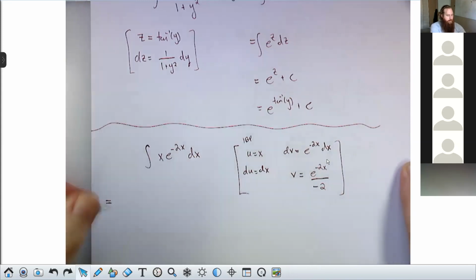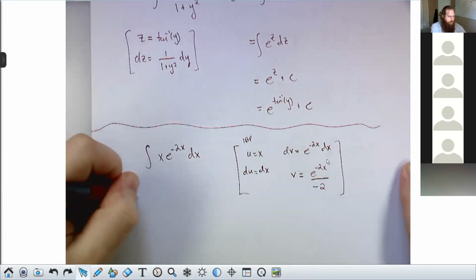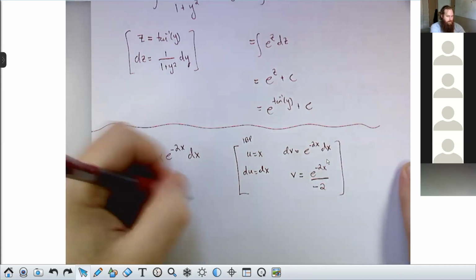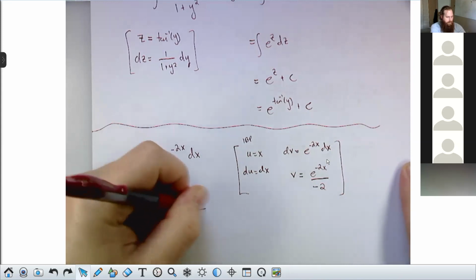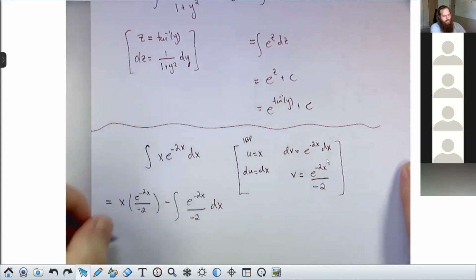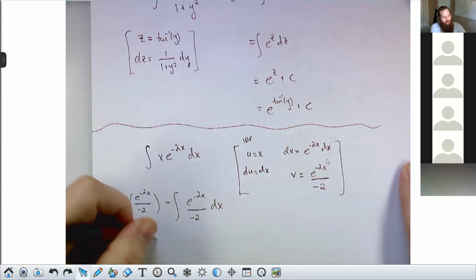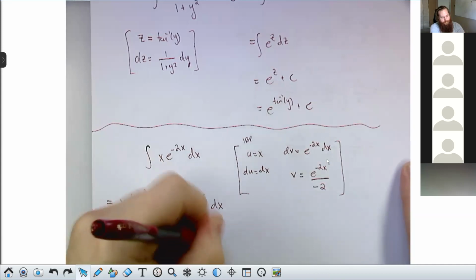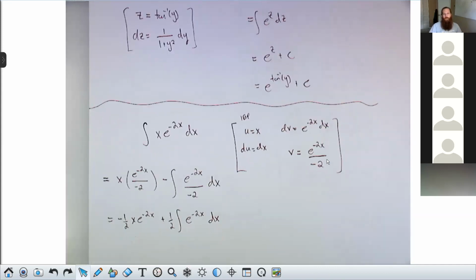Then I follow my IBP formula. And another little micro u sub will save the day. The move here is the same as the move that we needed here, so it's not really worth writing out.